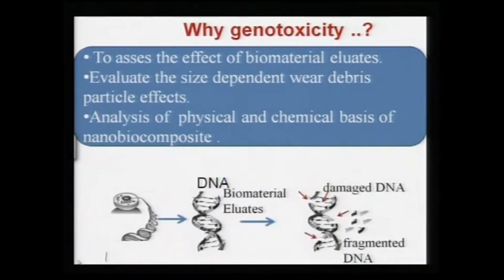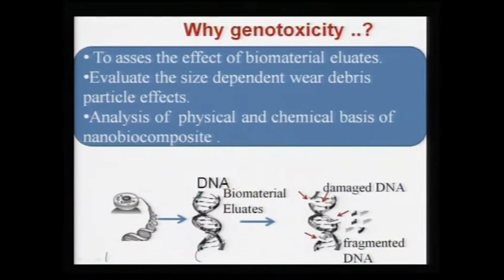Now, with one particular experiment I will show you how the DNA is damaged when these particles are in the culture medium where you are culturing fibroblast cells or osteoblast cells. This is a typical double helix pattern of the DNA. Now, when it is treated with biomaterial eluates, some breakage happens in the double helix.